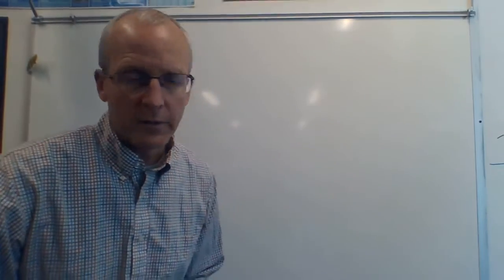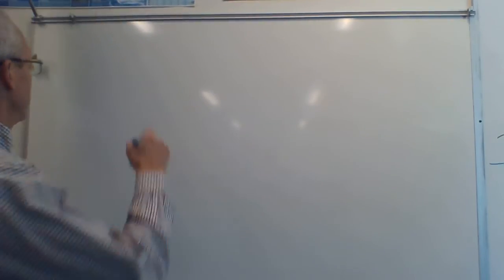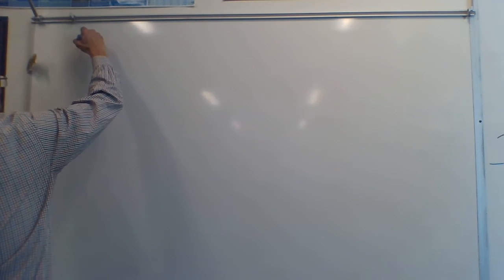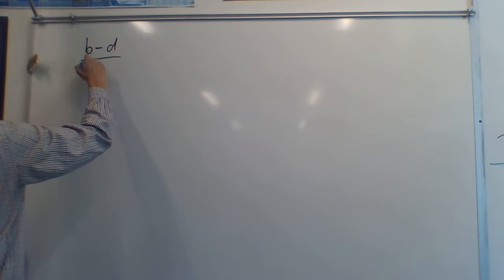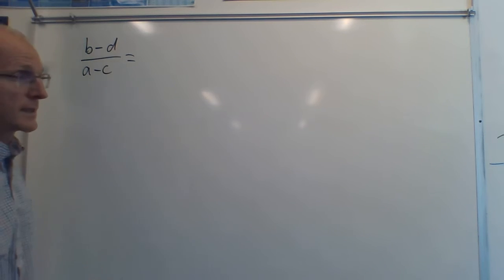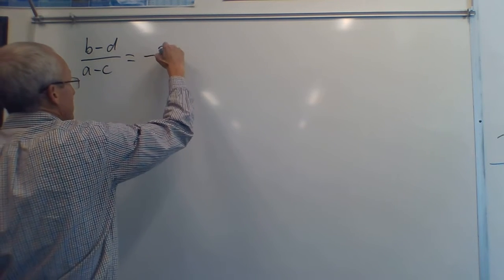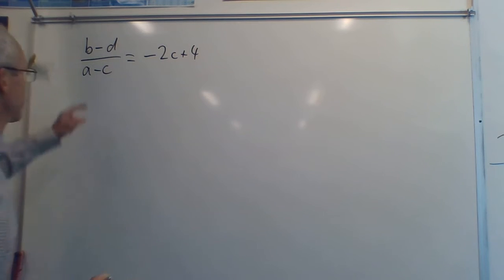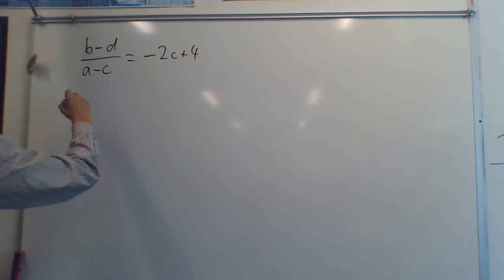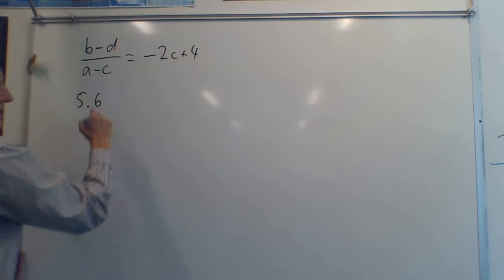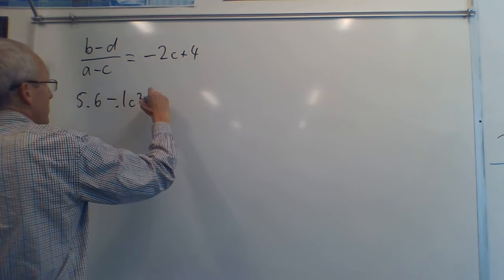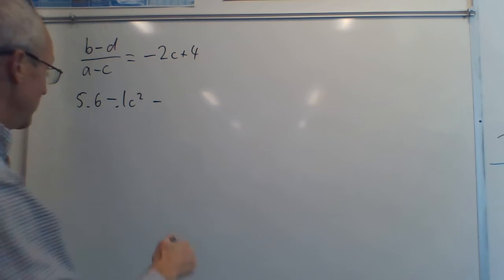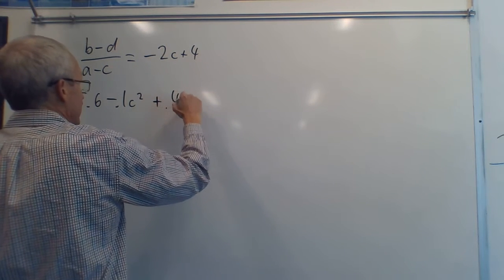All right. So, let's see, we have B, we're going to use this formula, B minus D over A minus C equals negative 2C plus 4. Now let's do all our substitutions. We found B over there is 5.6 minus 0.1C squared plus 0.4C.